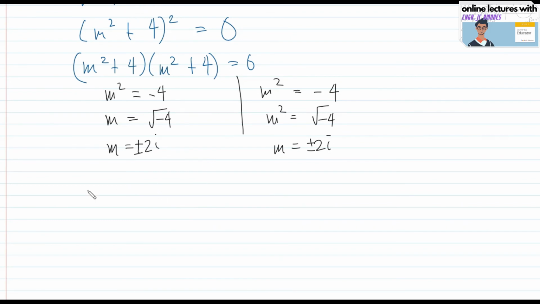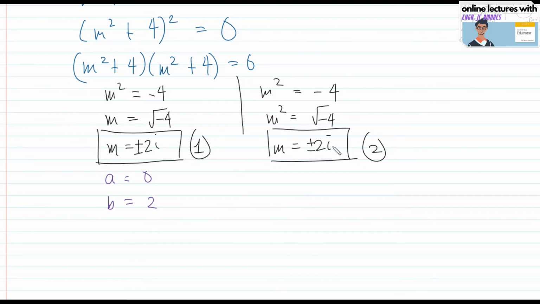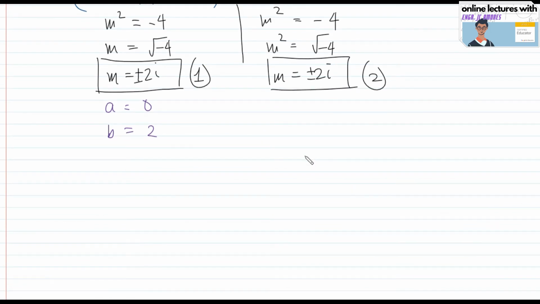Now let's establish first that for both of our roots, a is equal to 0 while b is equal to 2. Okay, so let's solve this step by step. First, this one is number 1, and then this one is number 2, the repeated.